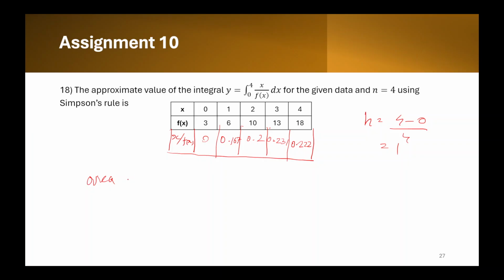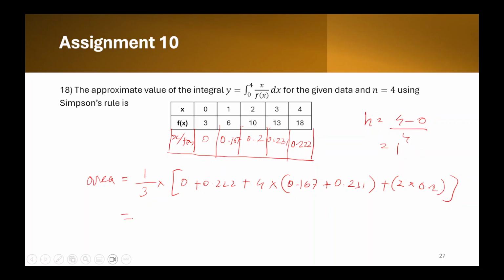So h by 3 into f1 is 0, f final is 0.222, then 4 into the values at even data points, 0.167 and 0.231, plus 2 into 0.2, covering all the data points basically.